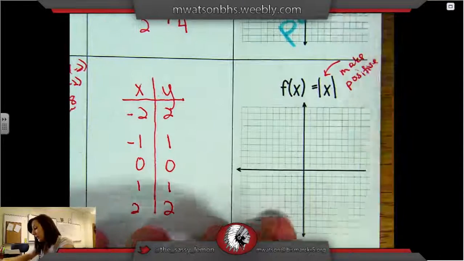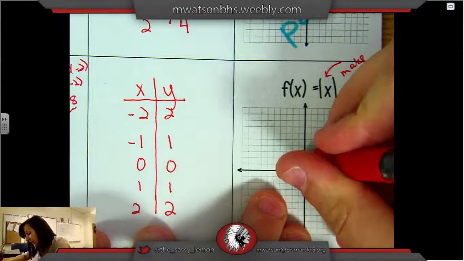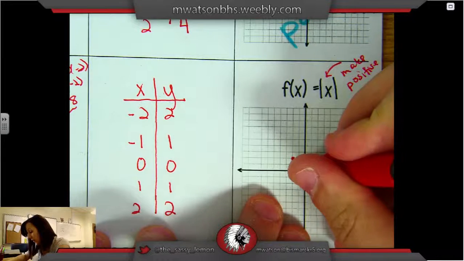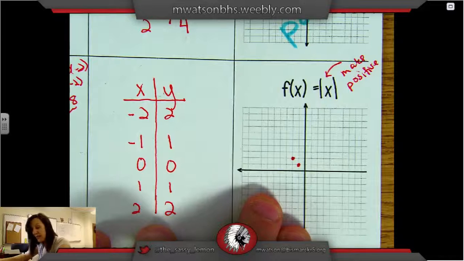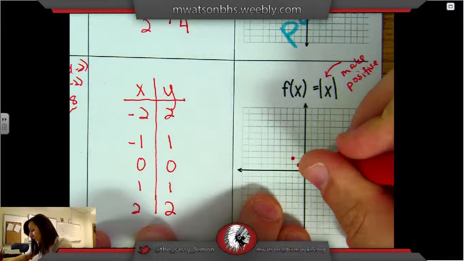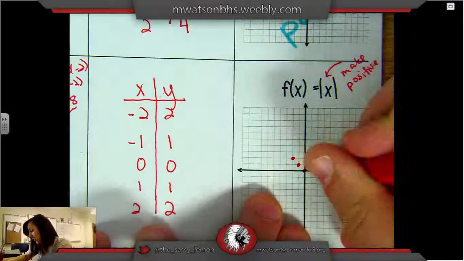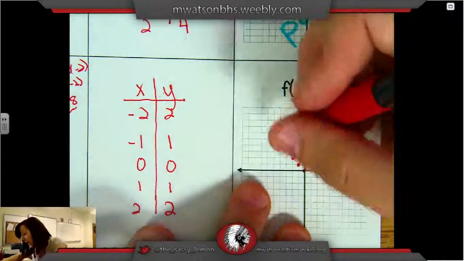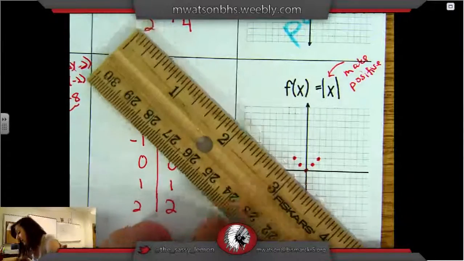So when we go to plot these points, something interesting happens. We have -2, 2, -1, 1, 0, 0, +1, 1, and +2, 2. So it looks like a little V shape, and that's actually the way the graph is supposed to be.